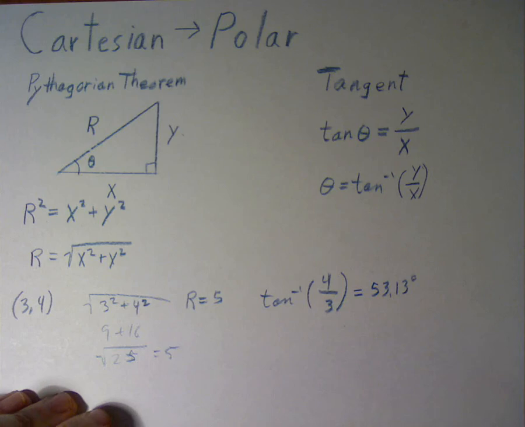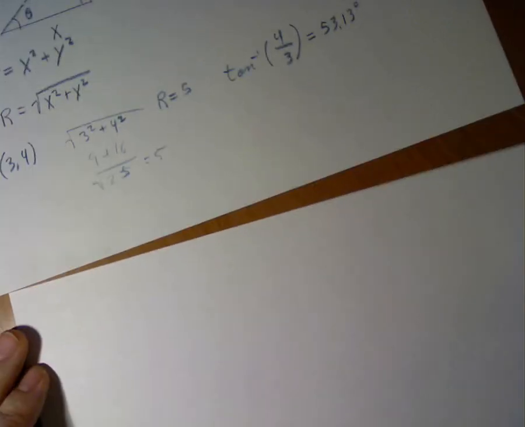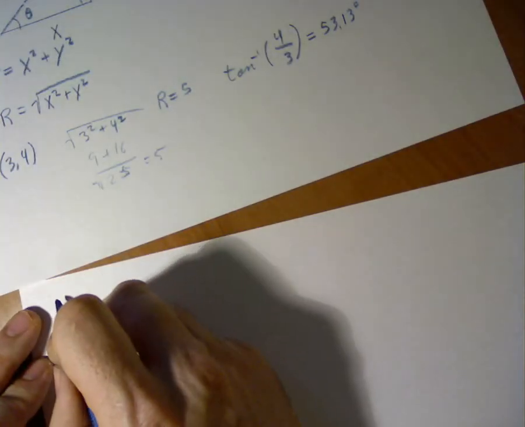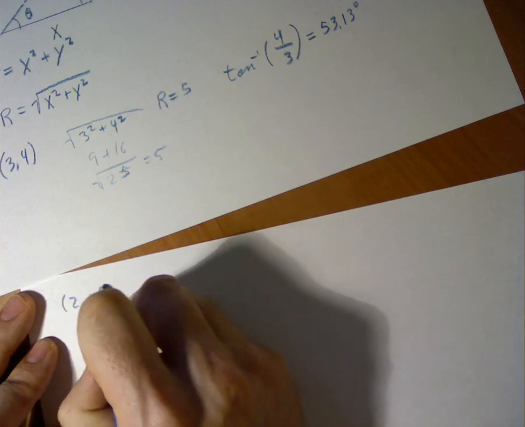Now, likewise, we can do another example. We'll do 2, negative 5.